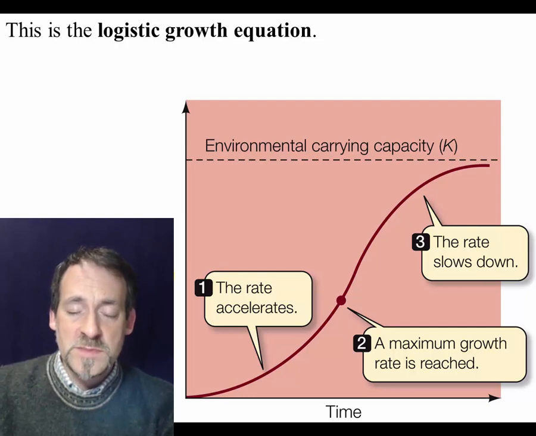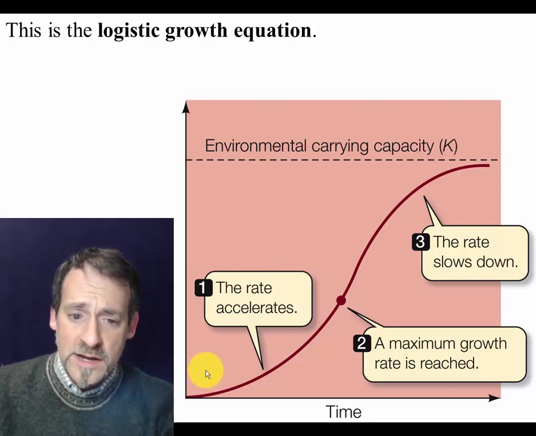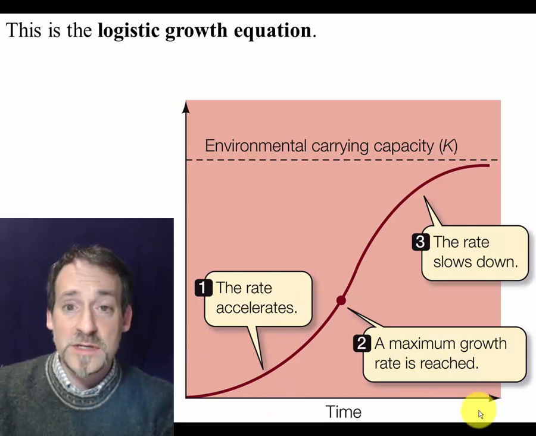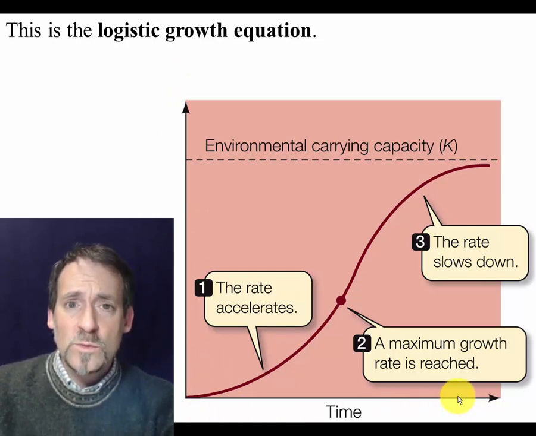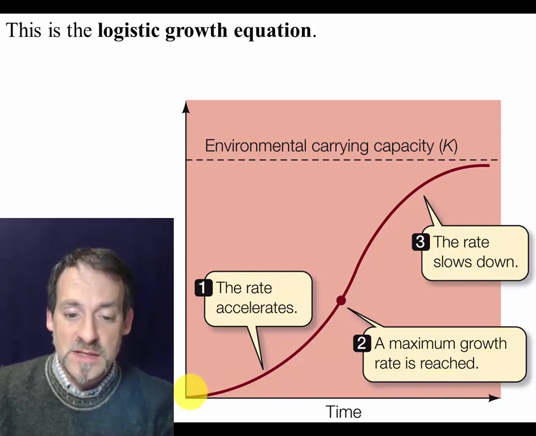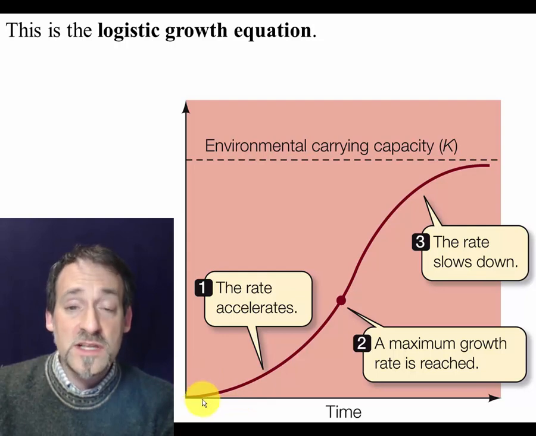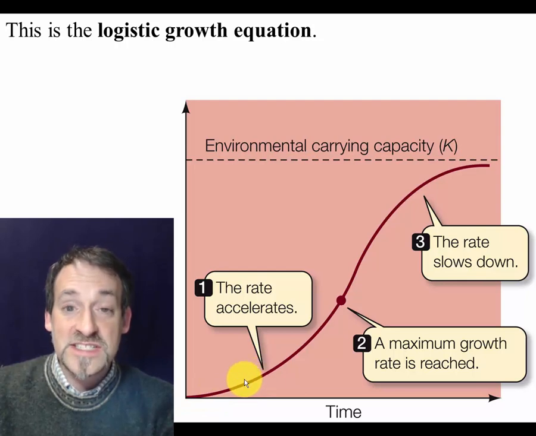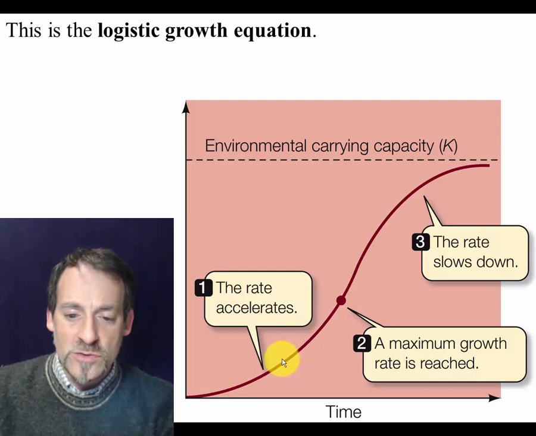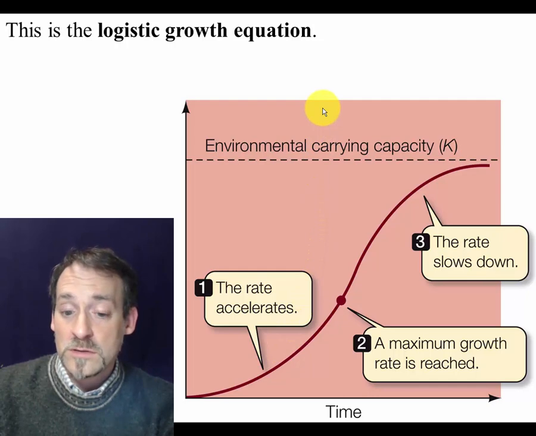Okay, this equation that we've just been dealing with is what's called the logistic growth equation. If you're looking at population size on the vertical axis as a function of time on the horizontal axis, what you see is what's called a sigmoid curve. That means it's S-shaped. At first, it looks like exponential growth because the rate at which the population grows actually accelerates over time. But that acceleration slows. Real exponential growth would go up like this until it becomes practically vertical.